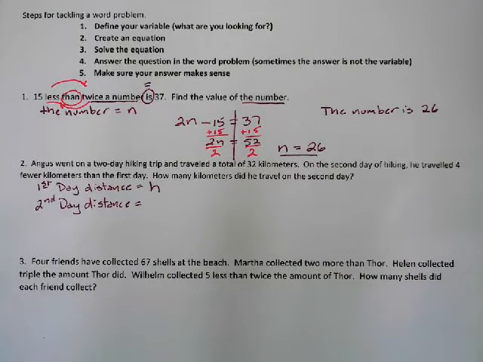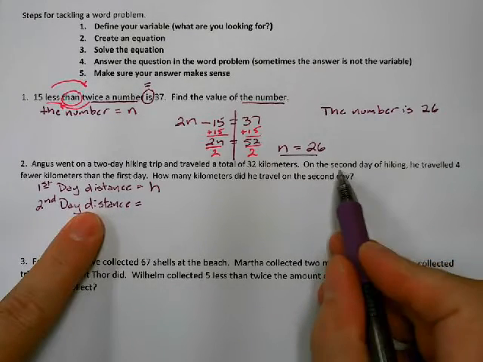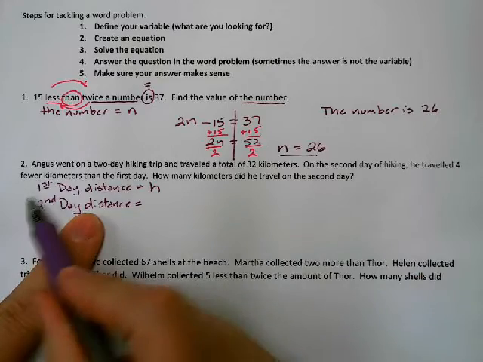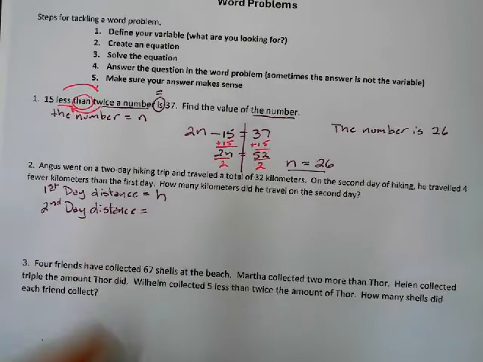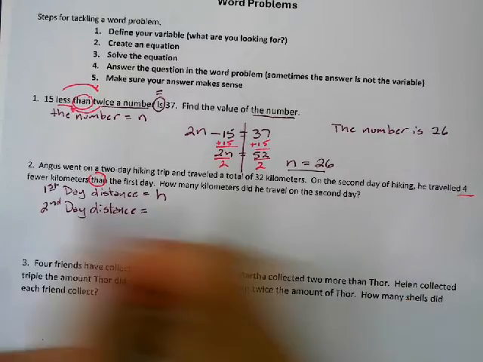Now, I'm not going to come up with a different variable for the second day because that would be too hard to solve if I have two completely different variables. So here's what I'm going to do. The second day, this one, he traveled 4 fewer kilometers than, oh, that's a big word. So it says 4 fewer.